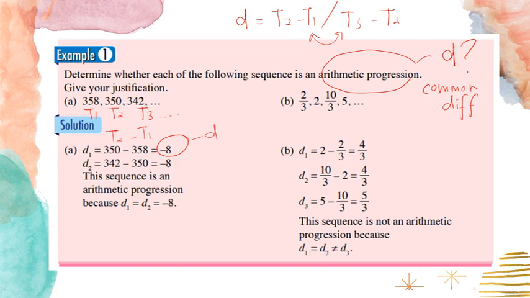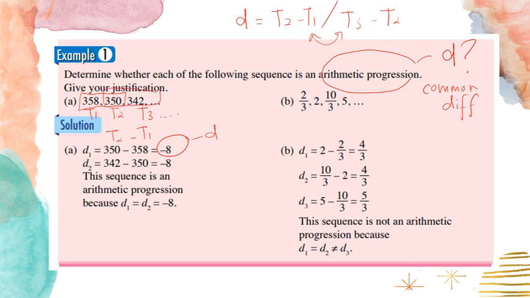But if you want to know whether the sequence is an arithmetic progression or not, you cannot just take the first two values. You have to consider all the values and make sure that the difference is consistent. So we have to check the third one with the second one.